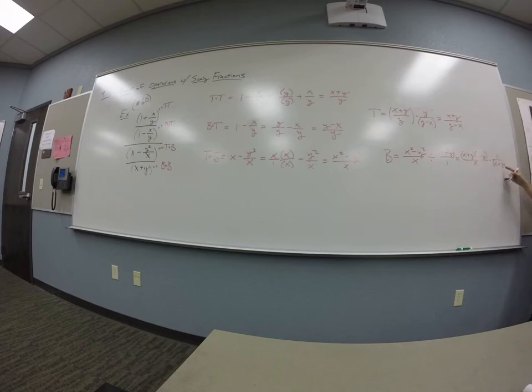There's an x plus y I can cancel, right? So cancel those, and I'm left with x minus y over x. Okay, so now where do I go? I divide the top by the bottom.